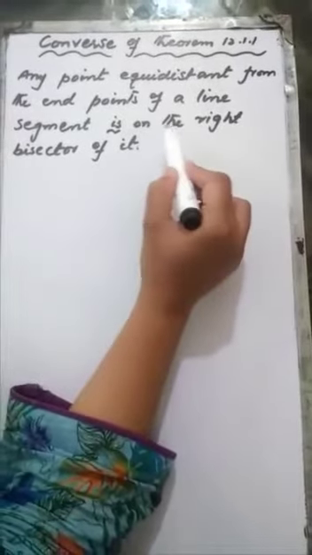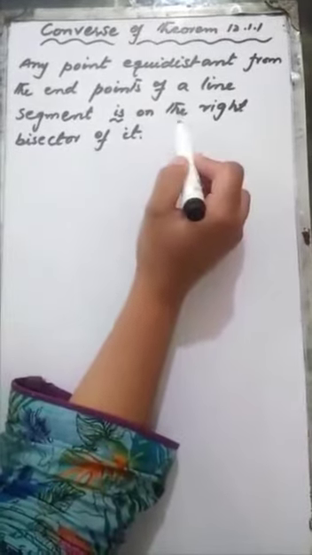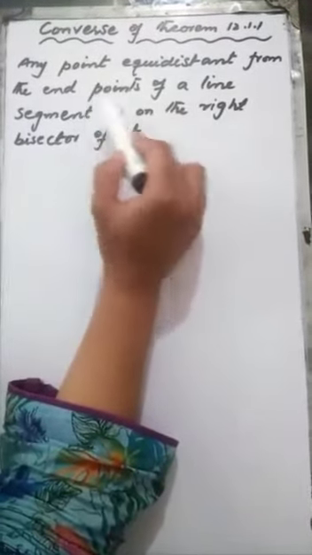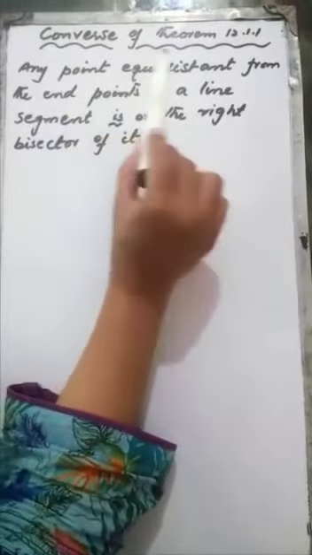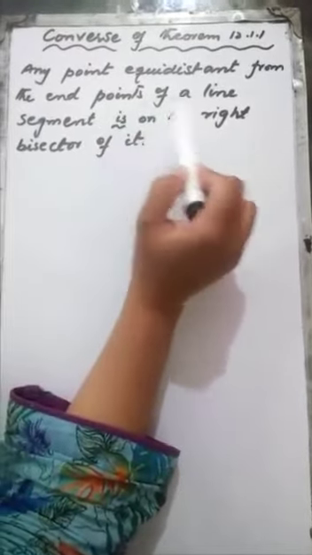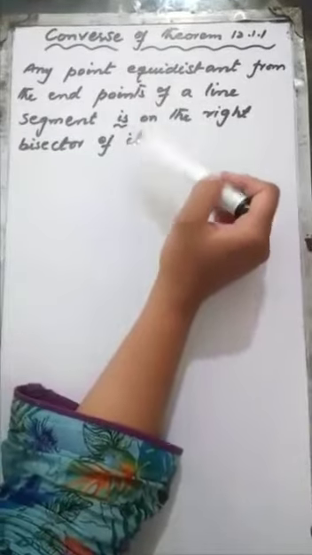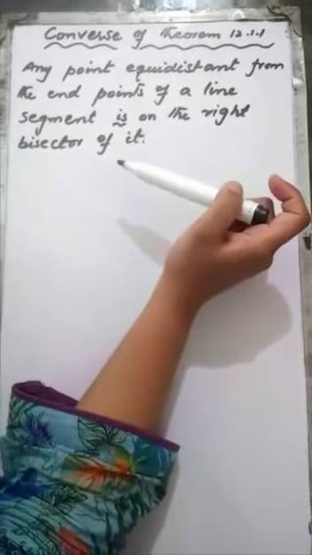Means in the previous theorem the point P was on the right bisector, and we had to prove it is equidistant from the endpoints. Now in this theorem it is given that the point is equidistant from the endpoints of the line segment, and we have to prove that it is on the right bisector. So these types of statements are said to be converses of each other.